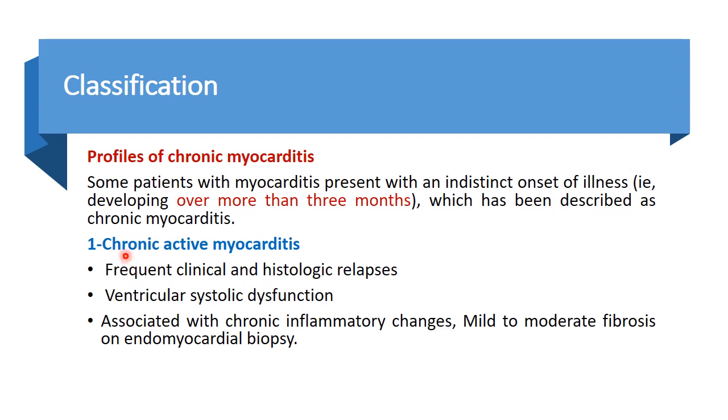Let's start with chronic active myocarditis, which is characterized by frequent clinical and histological relapses and, importantly, ventricular systolic dysfunction, with evidence of chronic inflammatory changes and mild to moderate fibrosis on endomyocardial biopsy.